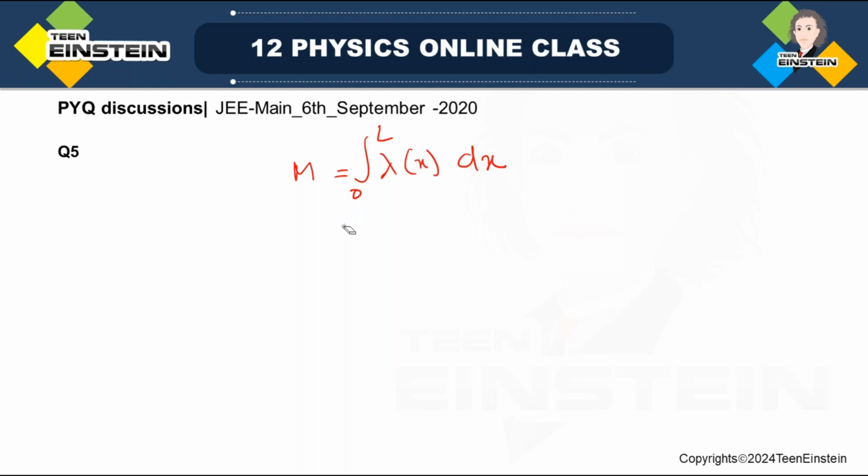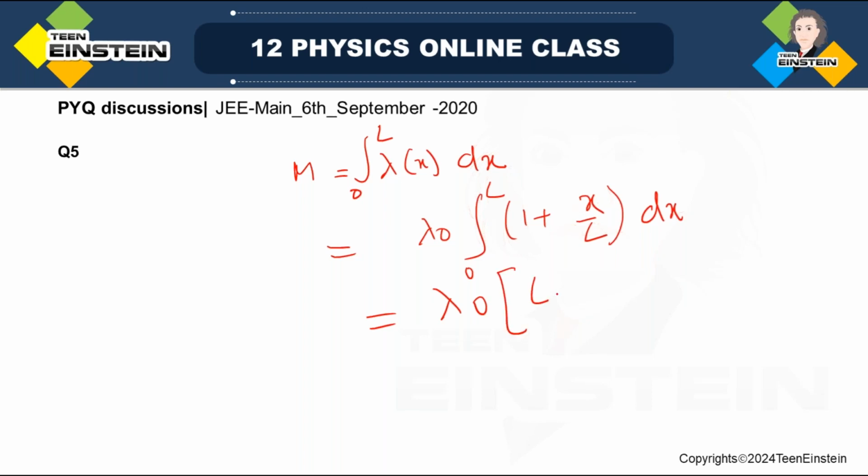So lambda 0 integration 0 to L 1 plus x by L. So lambda 0 L plus L by 2. That means this is 3 by 2 lambda 0 into L. This is actually total mass M.